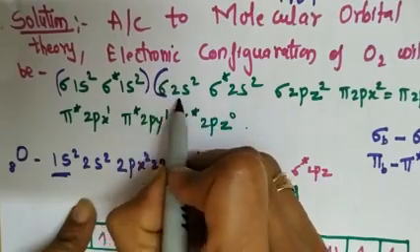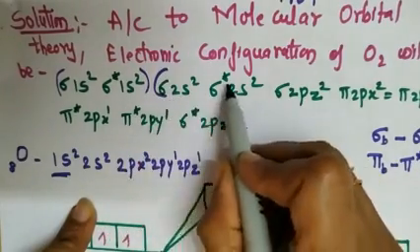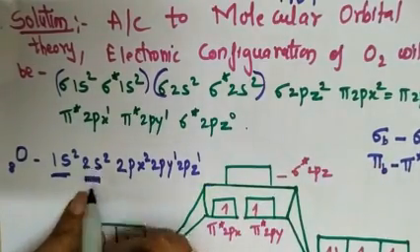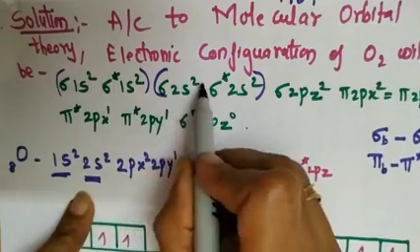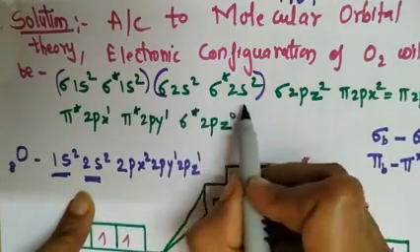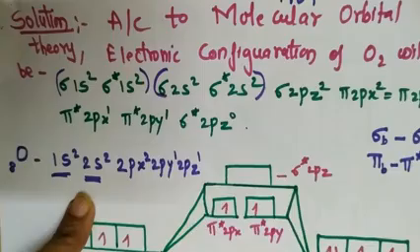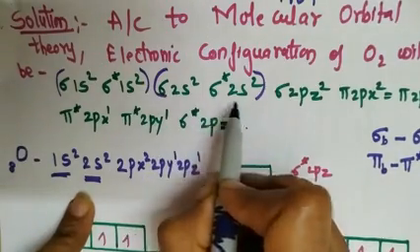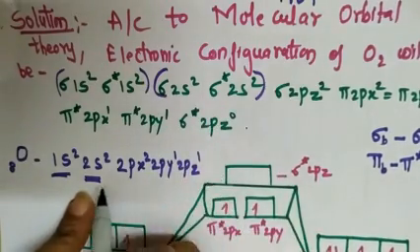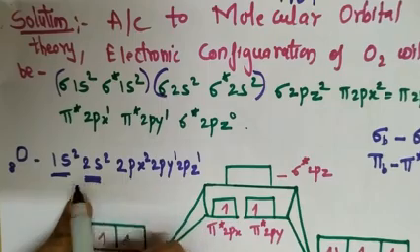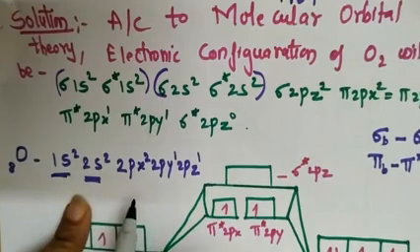Star means anti-bonding. Okay, bonding orbital is there, so anti-bonding orbital will also be there. So for 1s and for 2s only sigma orbitals will be there.